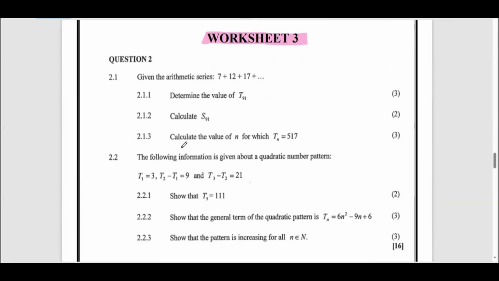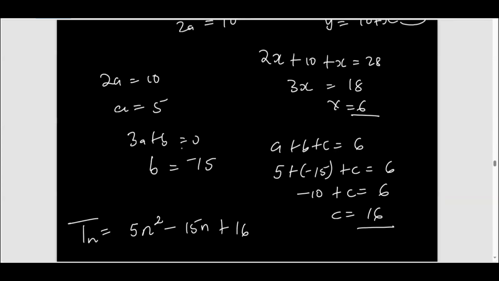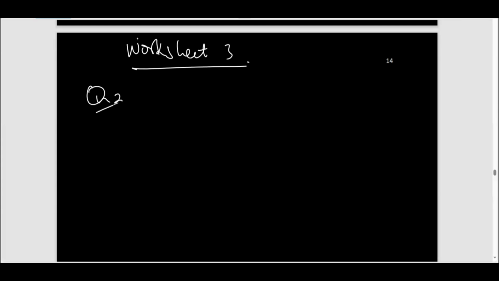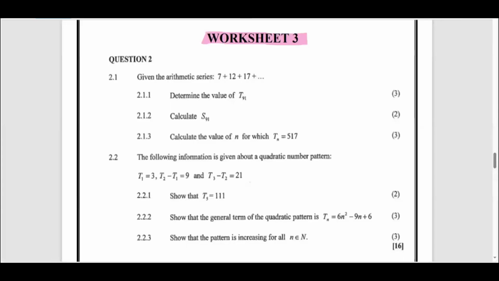Okay. Question 2 for worksheet number 3. They're telling us that given the arithmetic sequence 7, 12, 17, so we can see that they are basically adding 5. They want us to get T91.